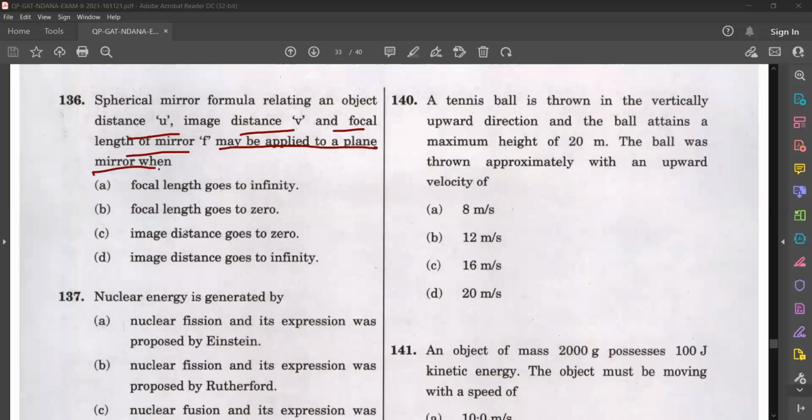So here the correct answer is focal length goes to infinity. That is the correct answer.